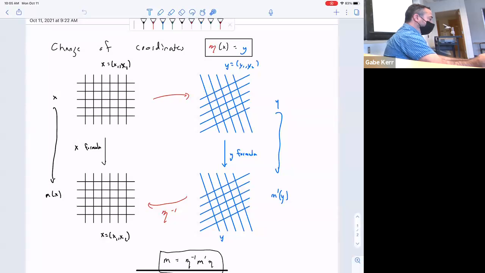So the idea is I've got some coordinate system here. So you imagine yourself at a particular point, maybe just the origin, and you set up a grid for your space. Make yourself coordinates, right? And then there's some other point, maybe their origin is over here. And they have a different coordinate system set up in the same space. It's the same space, the space is the space, but the way we label points is different.